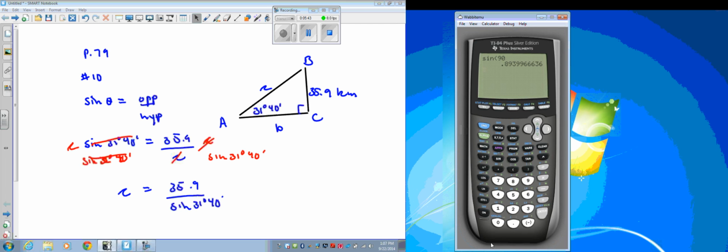And then we'll just go 35.9 and divide it by sine of 31. Now, because we're having to deal with minutes, we have to force degrees in.